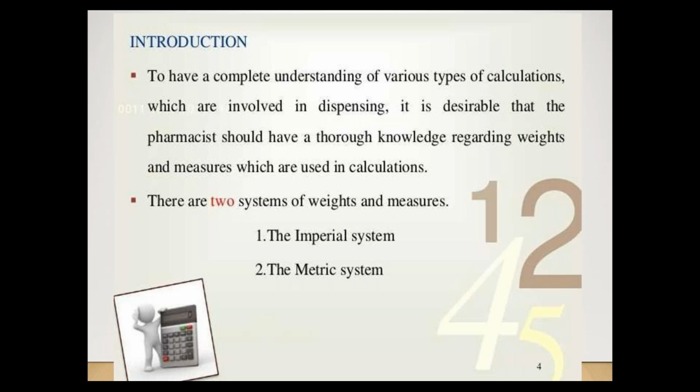Okay, so why do we need to know about the various kinds of calculations? Previously we had this term known as compounders. What they used to do is prepare medicines then and there in the pharmacy and dispense them to the patients.